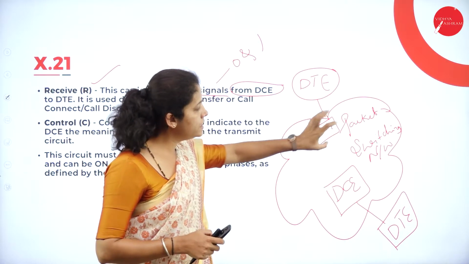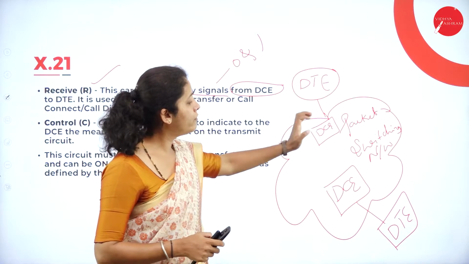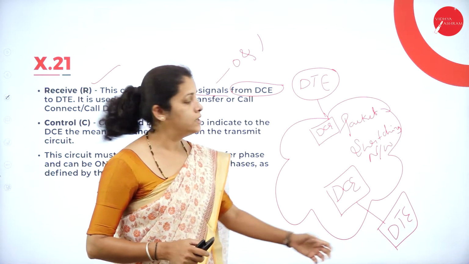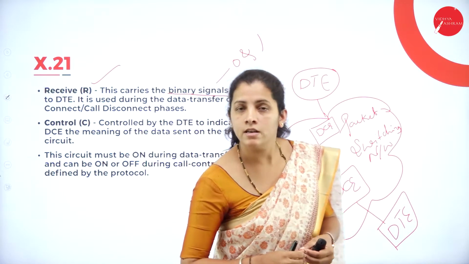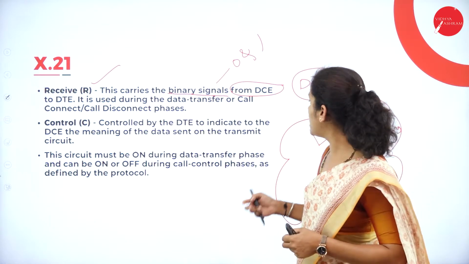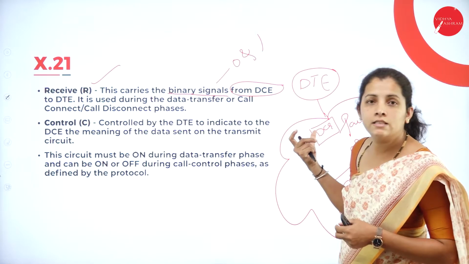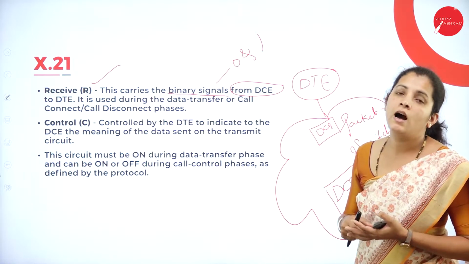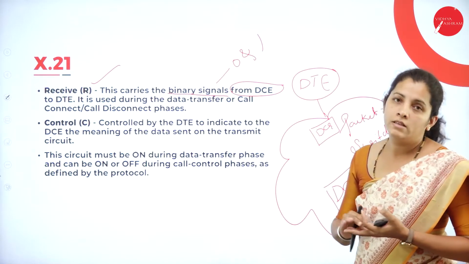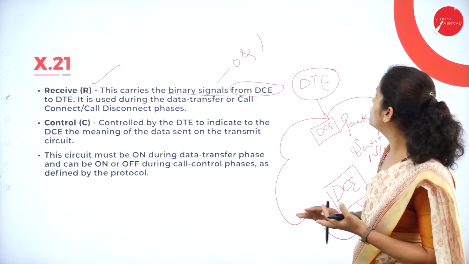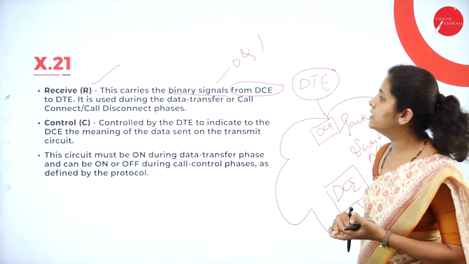Then the DCE is responsible for forwarding the data to the next DTE. Here DTE is nothing but the computer devices, whereas DCE is nothing but your router or switches. So this is the way the data can be transferred from one DTE to one DCE.